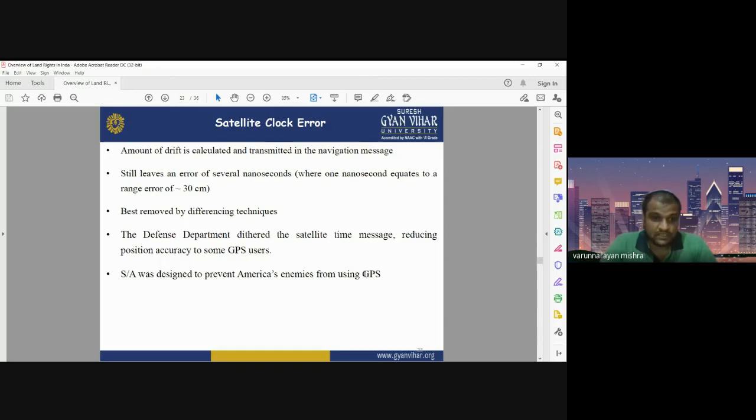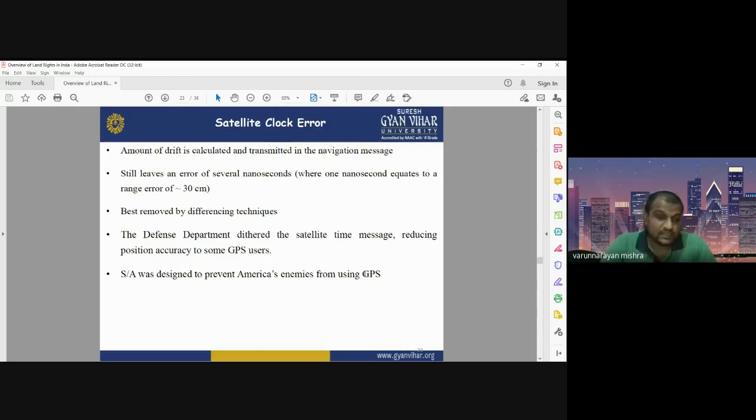The Defense Department decoded the satellite time message, reducing the position accuracy for some GPS users. Selective availability was designed to prevent America's enemies from using the GPS signal. What is selective availability?